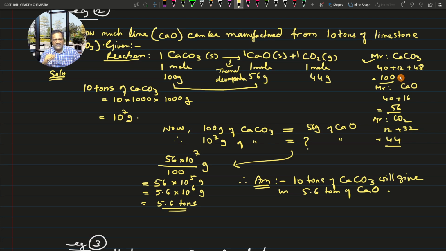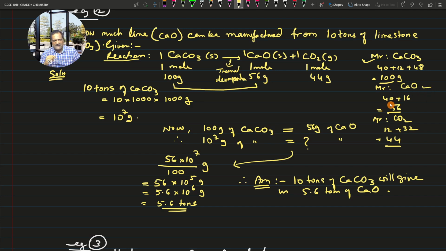So 100 gram becomes the molar mass of calcium carbonate. So calcium carbonate's molar mass I have written here, 100 grams, in the same column of calcium carbonate. Below that, 1 mole. So 1 mole of calcium carbonate is equivalent to 100 gram of calcium carbonate. That's the meaning of it. Same way, coming to CaO. Now 1 mole of CaO is equivalent to Ca is 40, right? And where I've written CaO, yeah, it's over here.